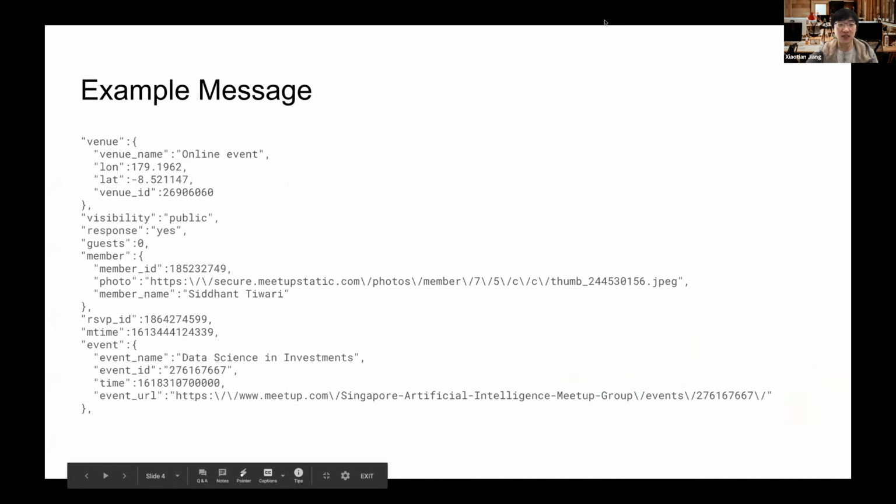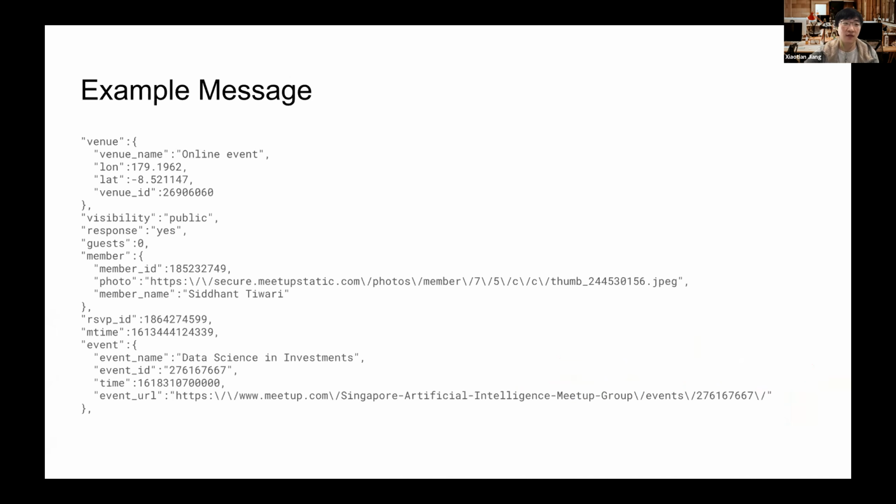As we can see, it's a pretty big message, and inside it contains some JSON fields and some simple fields. The JSON fields include the venue, the member and event, which are nested JSON fields, and visibility is a simple field, which doesn't have any nested structure inside.